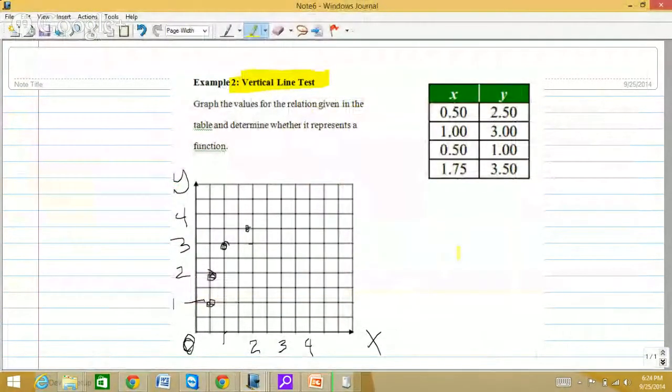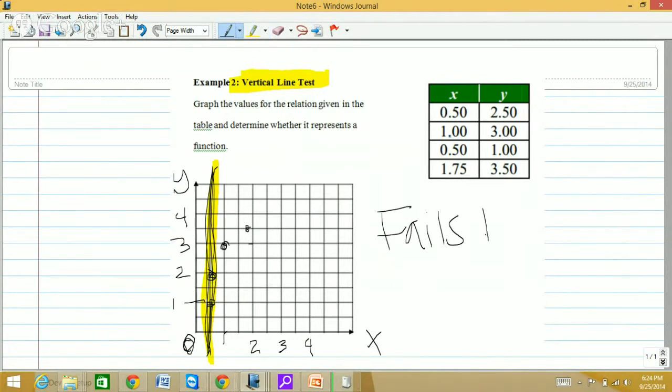And if I take my pen and I start going across, do you notice that right here, your pencil runs over both of those points at the same time? So that fails the vertical line test.